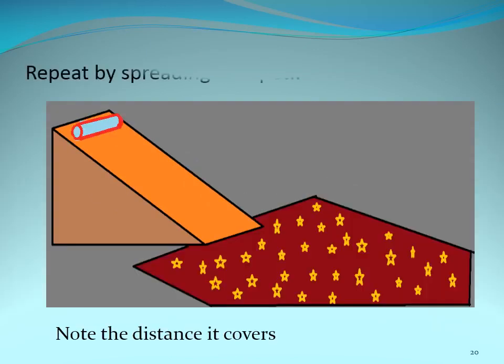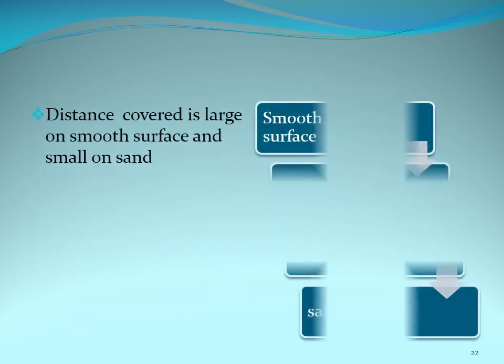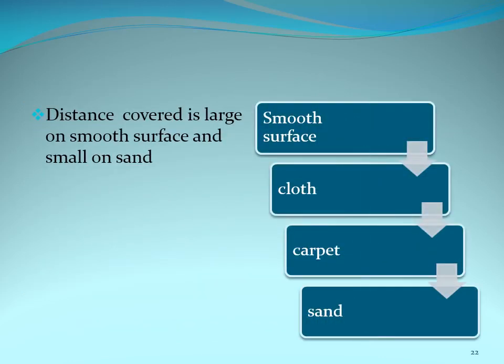Repeat the experiment by spreading a carpet on the table. At last, spread a thin layer of sand over the table. Repeat the experiment. Again, note the distance it covers. We can see that the distance covered is large on smooth surface and it decreases as we change the surface.